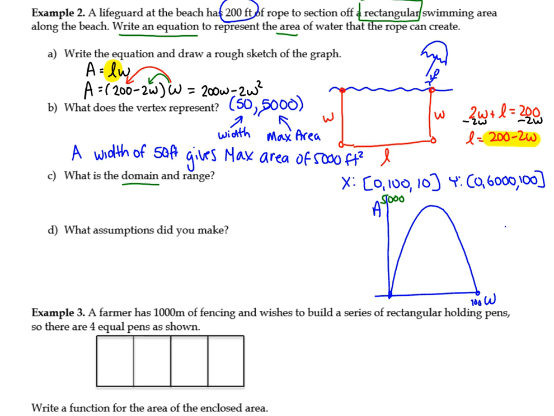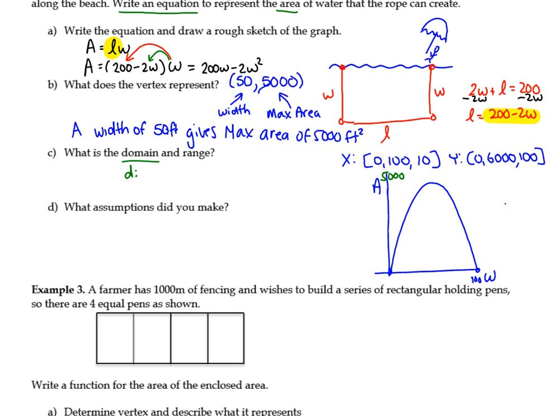So the domain, let's talk about this really quickly. Domain, which variable am I going to use? Instead of x, w. Don't write in your inequalities just yet. So your width is going to be between what two values? Let's put the numbers in. 0 and 100. Now, can it be equal to 0? If our width was 0, would a rectangle exist?